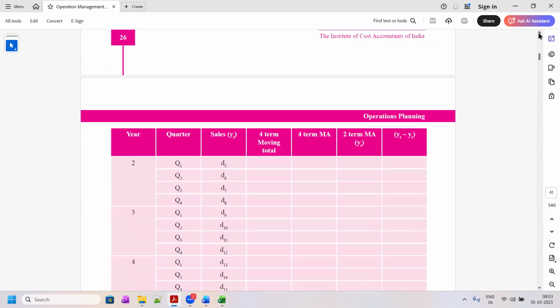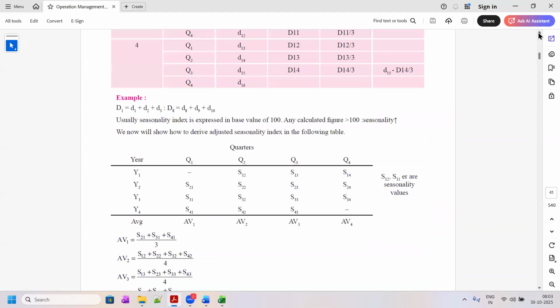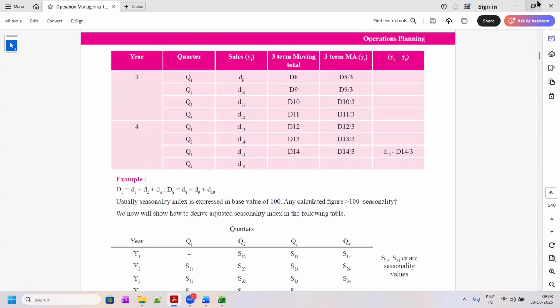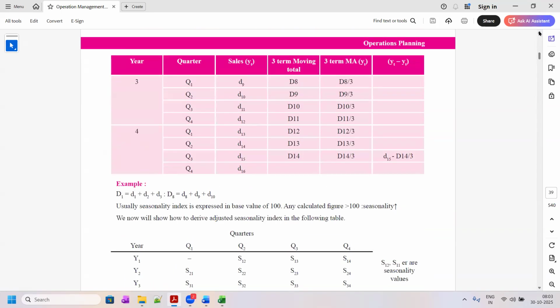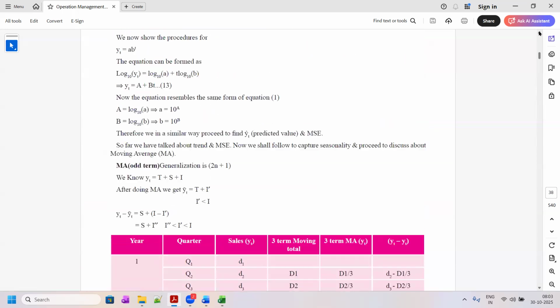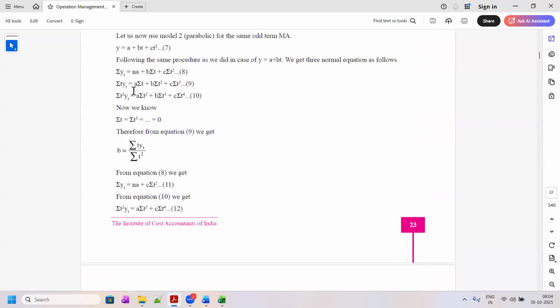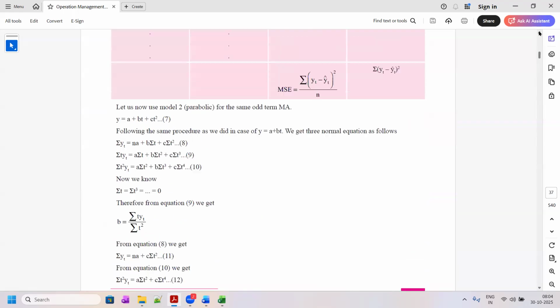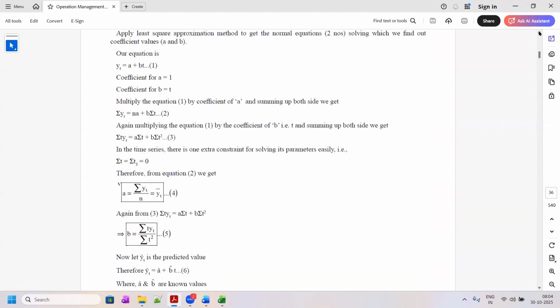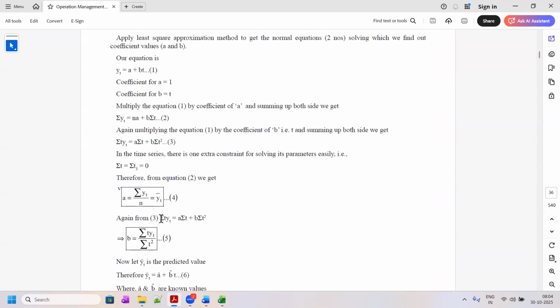If you remember the equation, this is parabolic, this was the equation. यहाँ पे मैंने क्या किया?